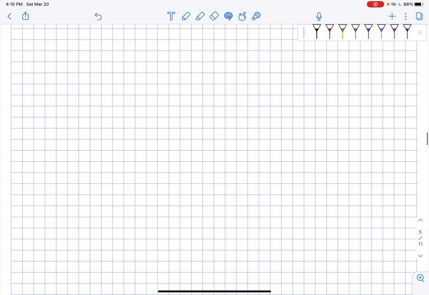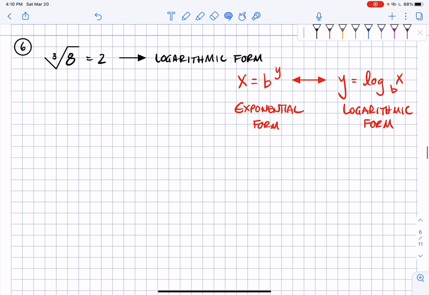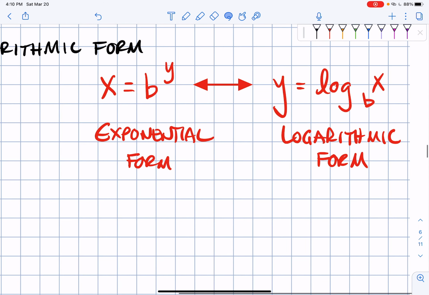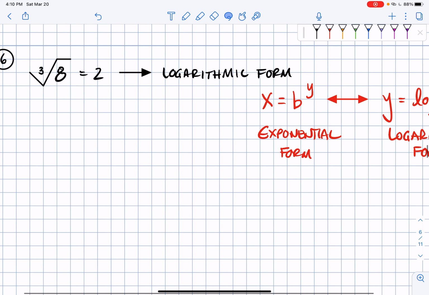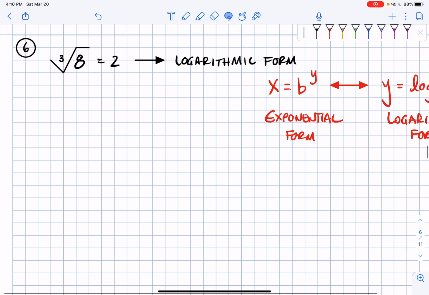So number 6, same idea, except I want to go from exponential form to the logarithmic form. Okay, now here is a little bit different, so I got to do a little bit of work before I actually change it to logarithmic form, because I don't have a power yet. Right, I have a cube root, but I don't have a power.